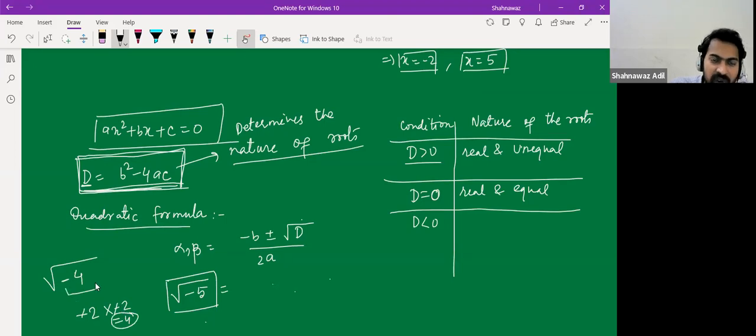But you cannot find a number whose square is negative. You can never find a number whose square is negative. So the root of this negative number would be imaginary, or not real. Understood, Shaima?